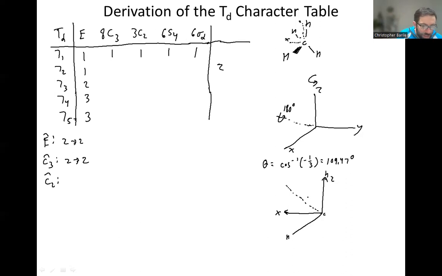Okay, and so what we are essentially doing now is we're asking, how is the Z rotating, right? If we have a Z vector, here's Z, what does the C2 do? We're rotating, there's our C2, 180 degrees.